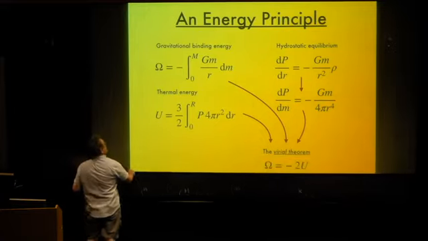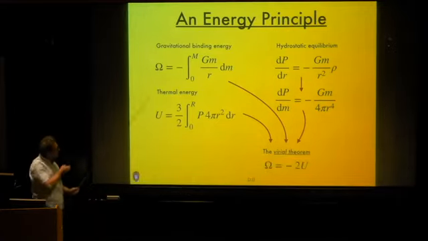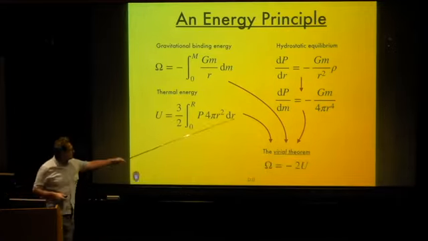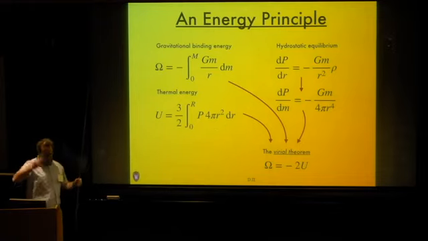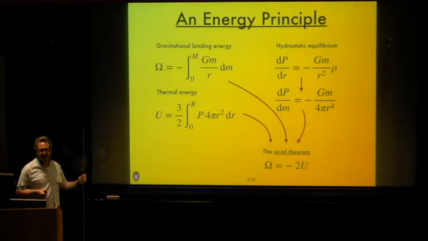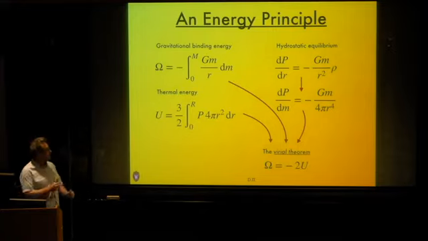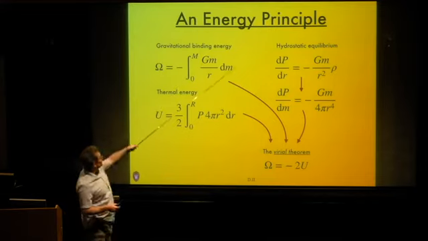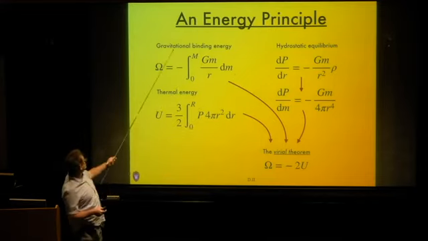when we remember that this pressure integral here can be rewritten using the equation of hydrostatic equilibrium into an integral involving the star's potential energy, and that in turn can be related to the star's total gravitational binding energy. We've got three things on the screen that we've already encountered. We've already met the gravitational binding energy.